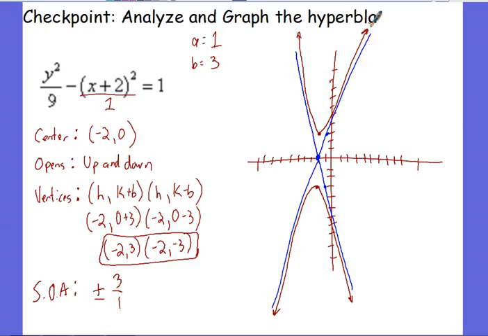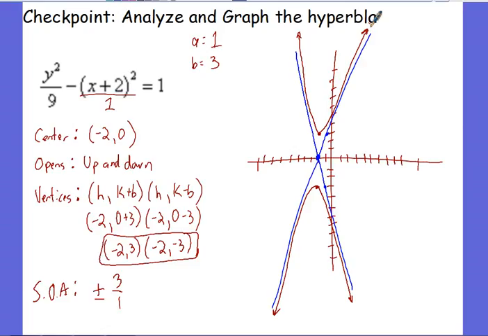What's the difference between an ellipse and a hyperbola? Adding and subtracting. Which one's which? Ellipse is adding. Hyperbola is subtracting. And why does it matter sometimes? Does it matter like with the hyperbola, with the x and the y being first? Yes, it does. Because that tells me whether it opens up and down or left and right.